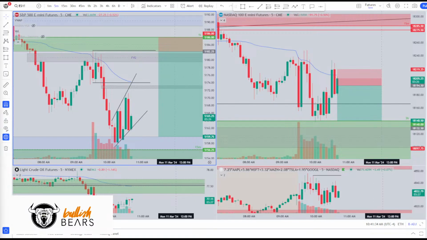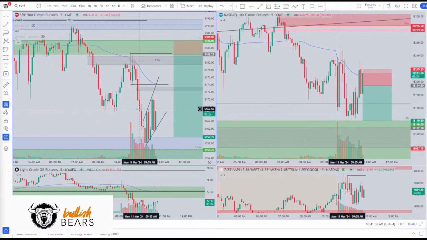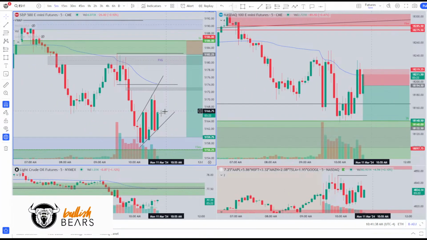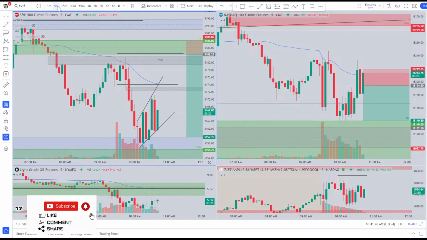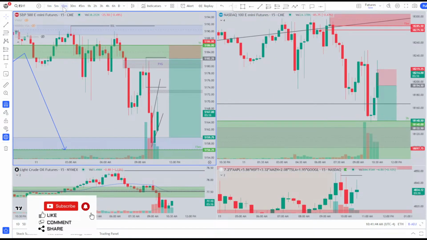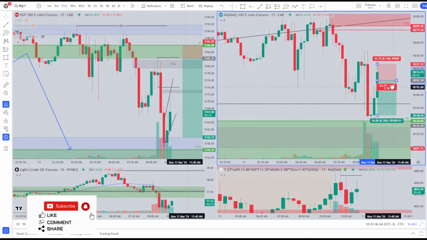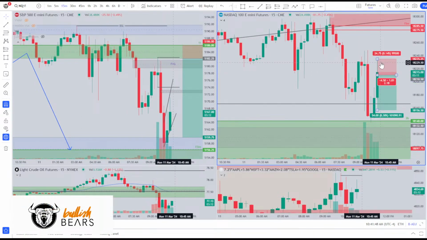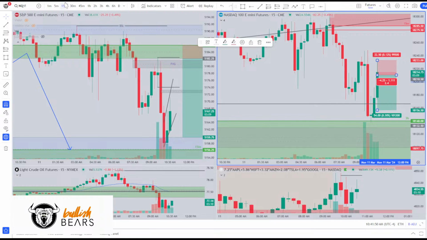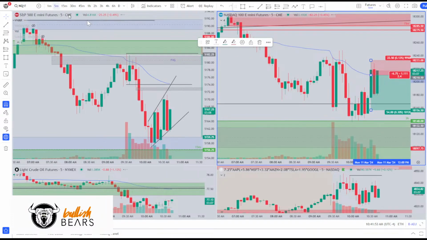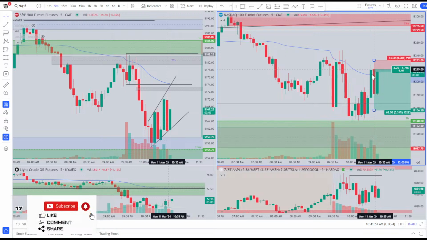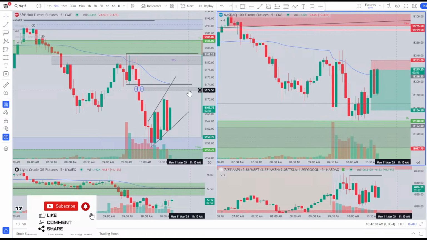Win some, you lose some, name of the game. That's why we have good risks to reward and manage our trades. $15 closes in 3 minutes. Sort of considering a short on NASDAQ here, but I'm not going to. That would be a chase.